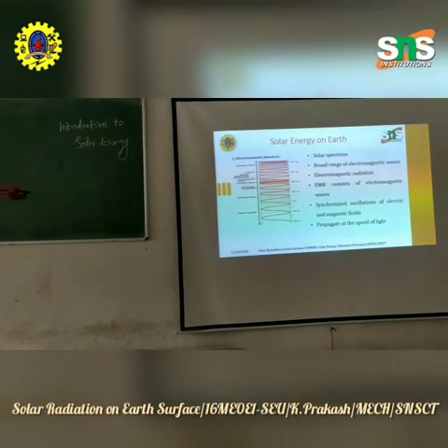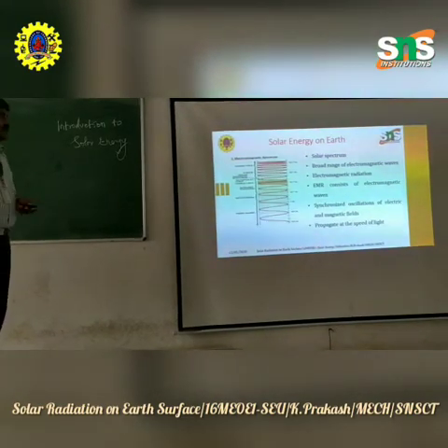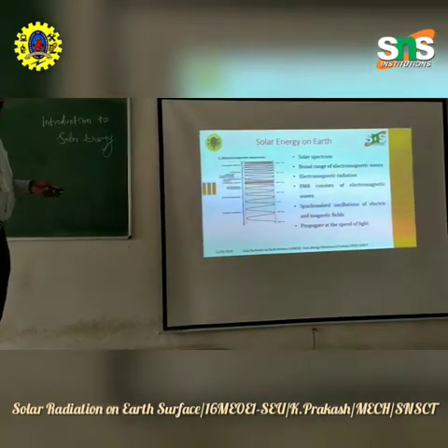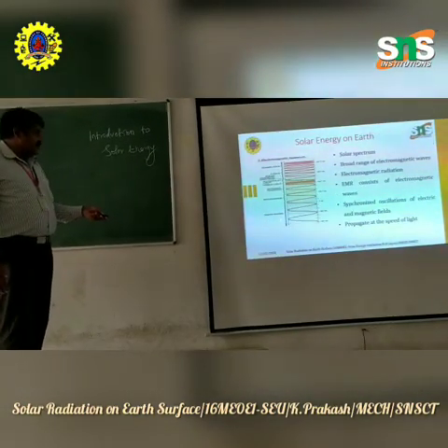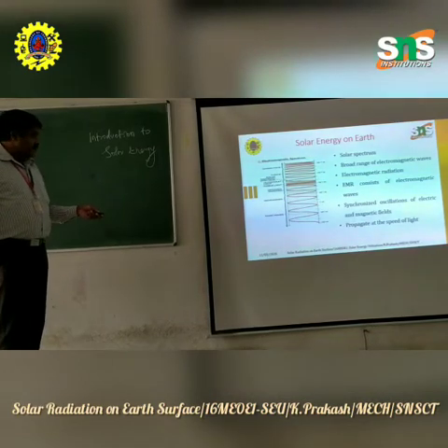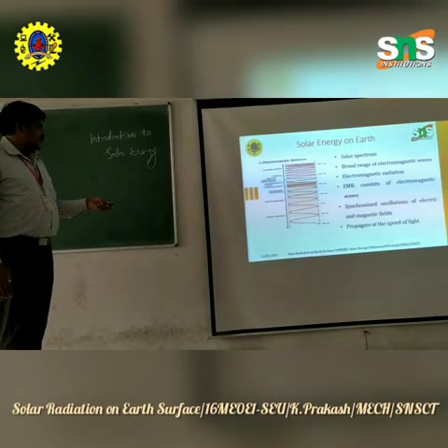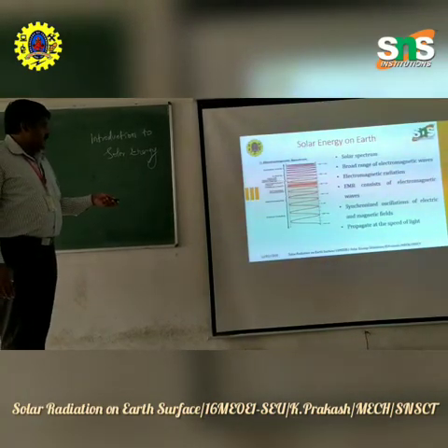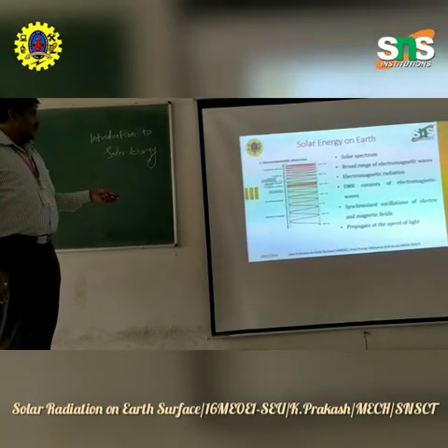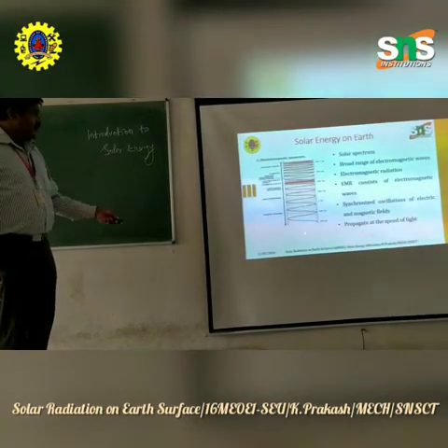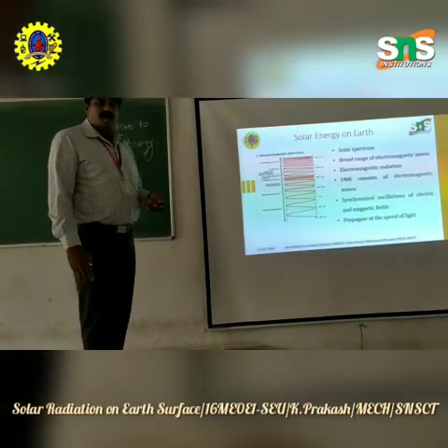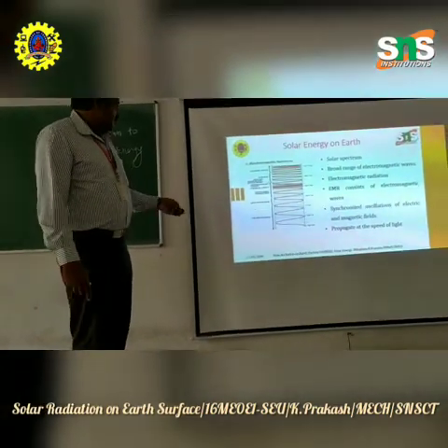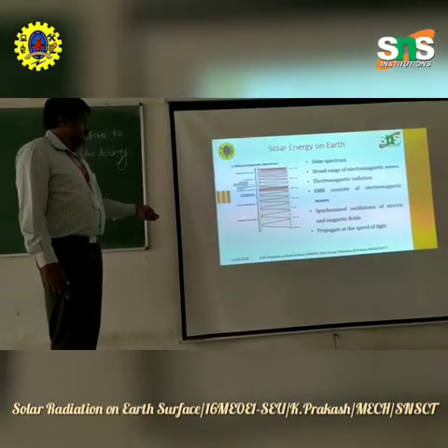Now let us see how the solar energy is on the earth. Here, this is the solar spectrum. We can see the radio waves, microwaves, infrared radiation, visible light, ultraviolet, X-rays and gamma rays. So the solar radiation falling on the earth is categorized in these forms.